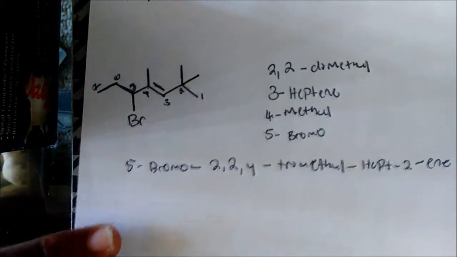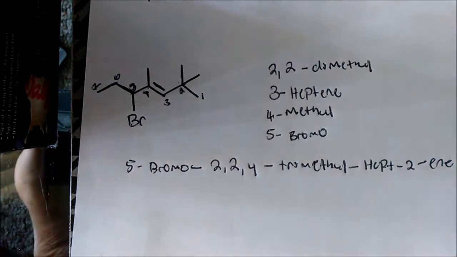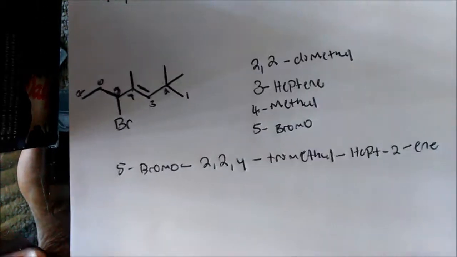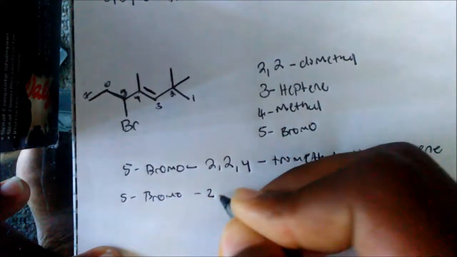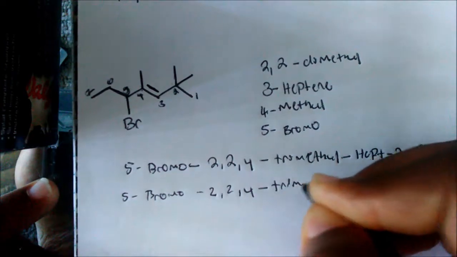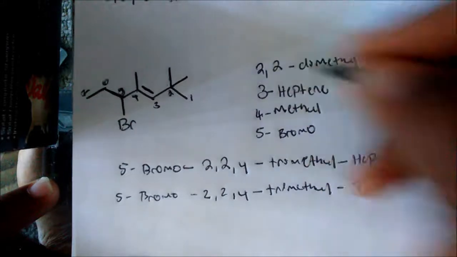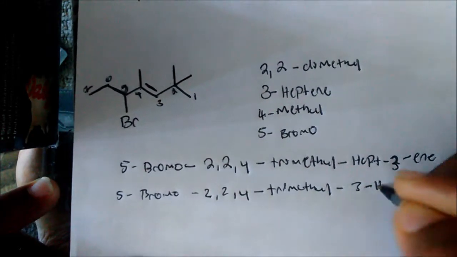And this again is the newer way of naming things. Again, you could also name it in this fashion, where you could say this is 5-bromo-2,2,4-trimethyl, well, it was 3-heptene and not 2-heptene, so I'm sorry about that, 3-heptene.